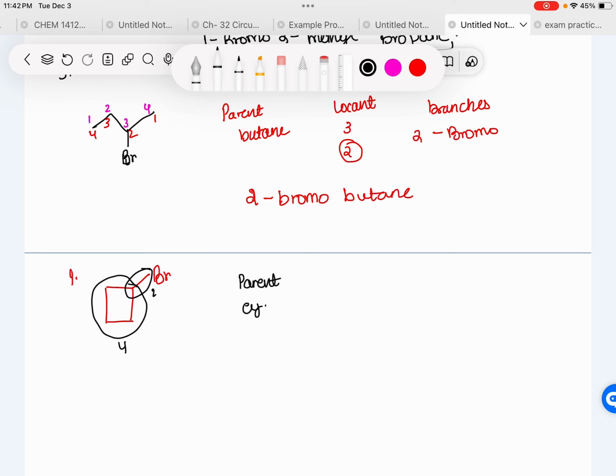Therefore, it's cyclobutane, again single carbon hydrogen bond, so ane. And the locant, we have 1, and the branch, which is bromo, at 1. Therefore, 1-bromocyclobutane.